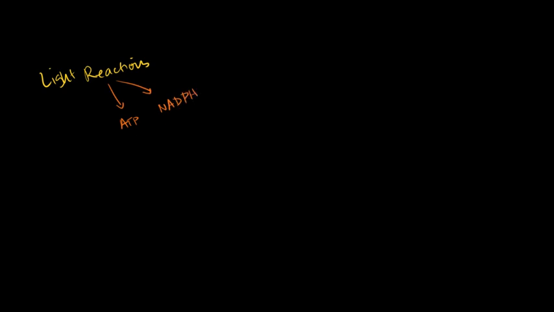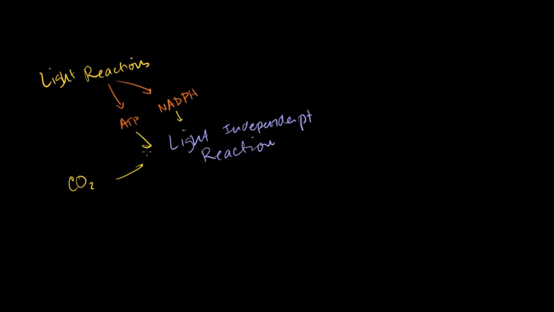And now we're going to take some carbon dioxide from the atmosphere, and all of this will go into the light independent reactions, because dark reactions is misleading. The actual mechanism is called the Calvin cycle, and that's what this video is really about.